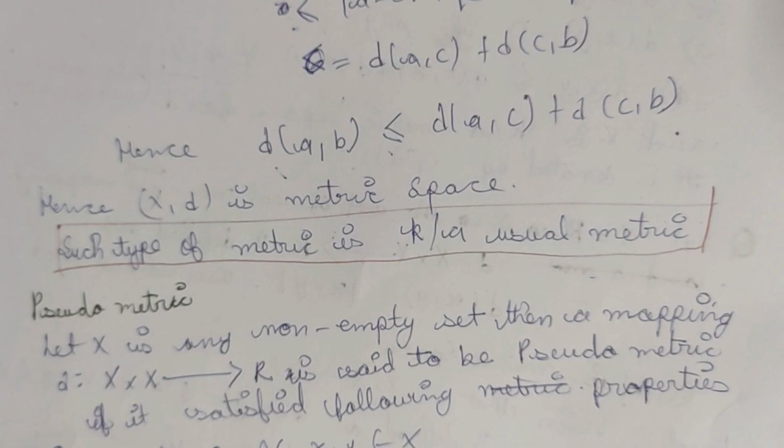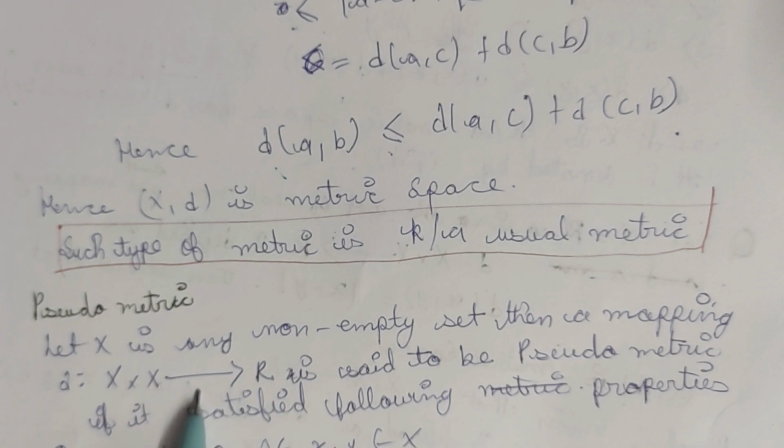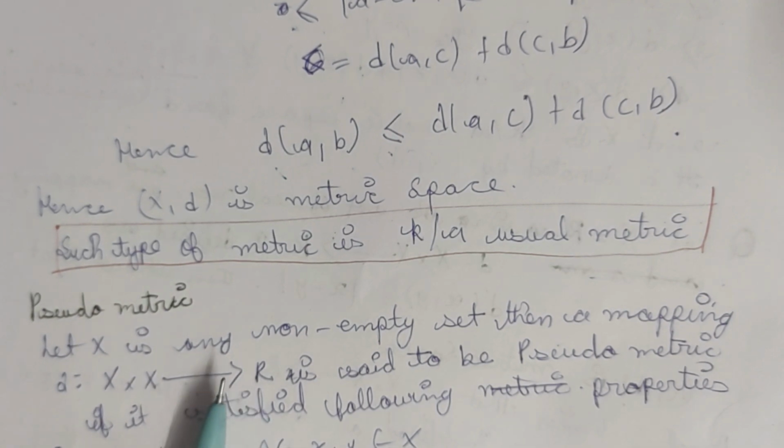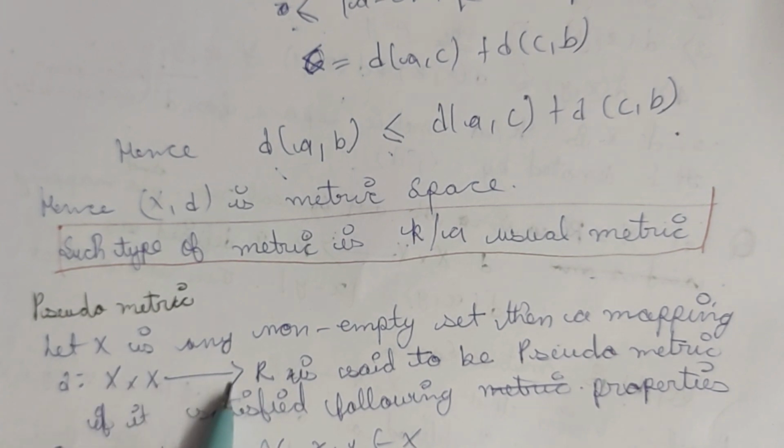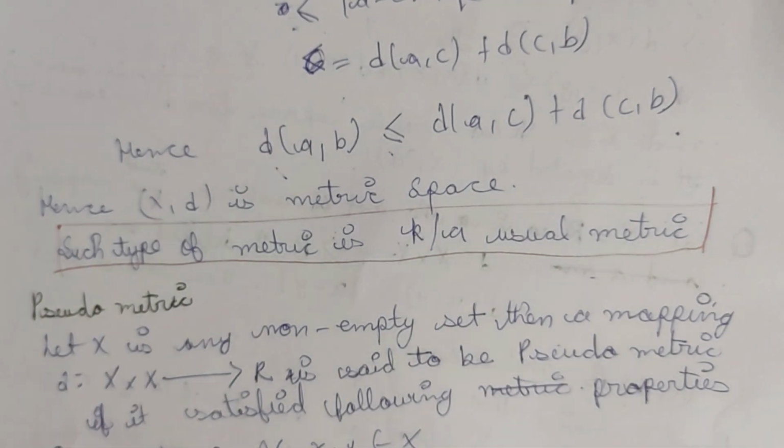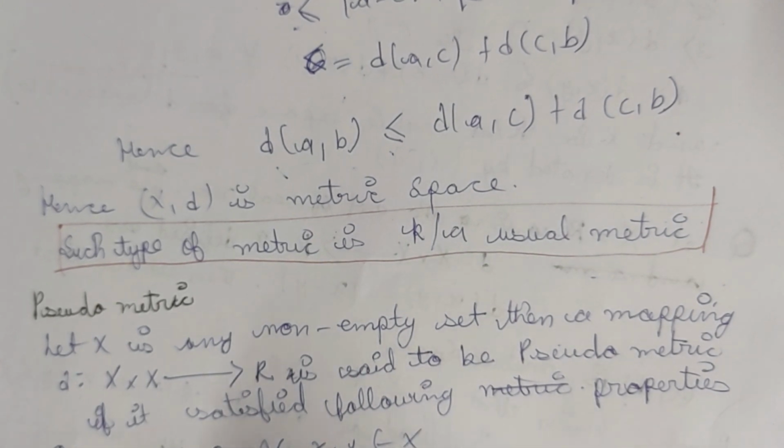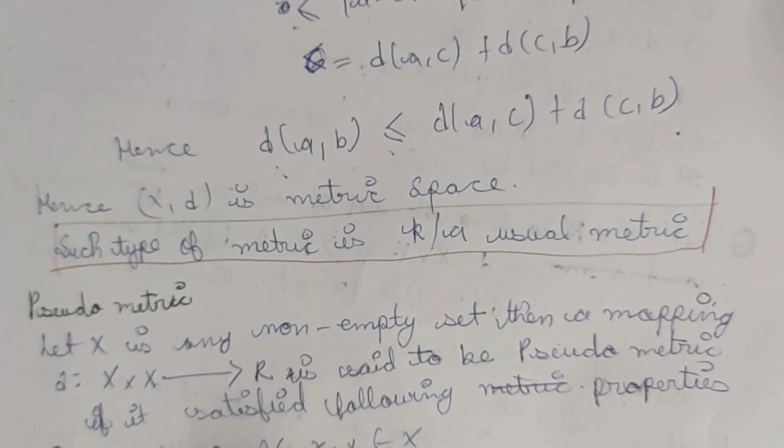Now pseudo metric. Let X be a non-empty set and d a mapping from X cross X to R, said to be a pseudo metric if it satisfies the following properties. All the properties are the same, but there is a slight change in the pseudo metric. In the third property, where there was if and only if, there is only if.